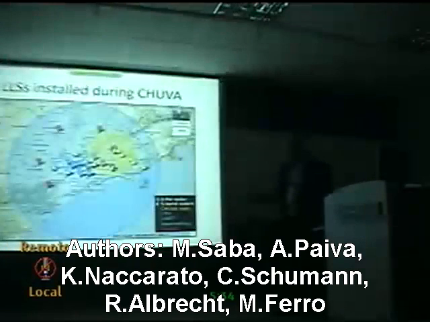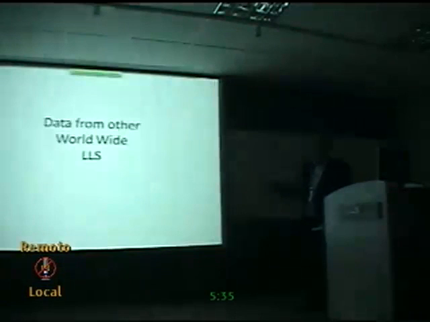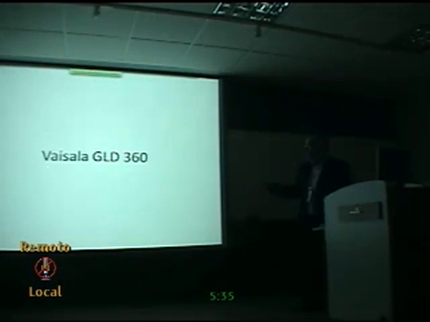So again, we are talking about the TLS 200, the LINET system, and the WeatherBug system, which is co-located with LINET. We are also checking what data from worldwide or long-distance baseline systems say about these upward flashes.